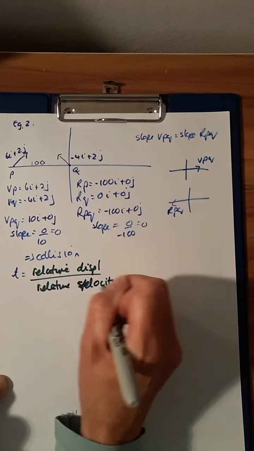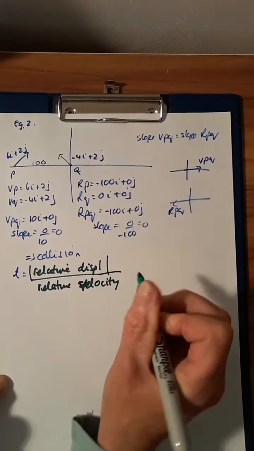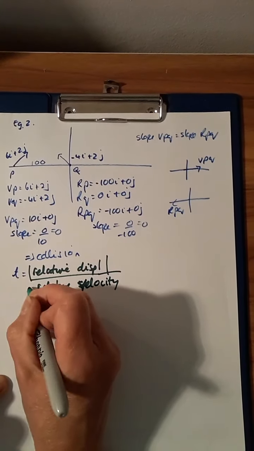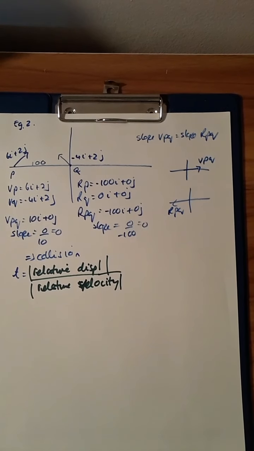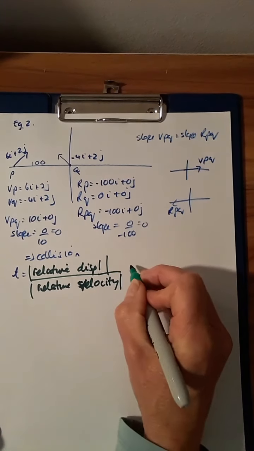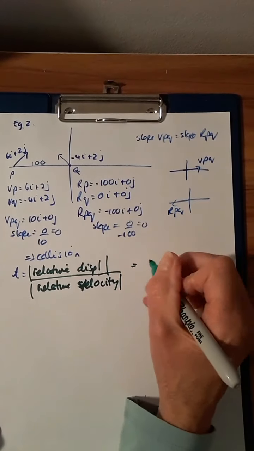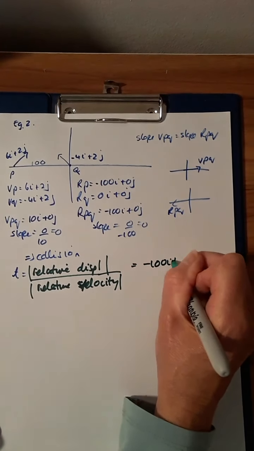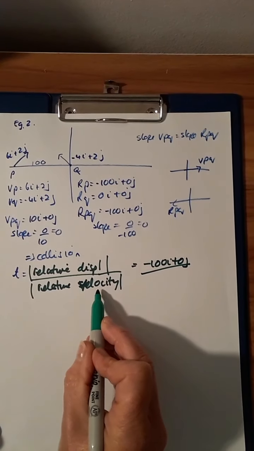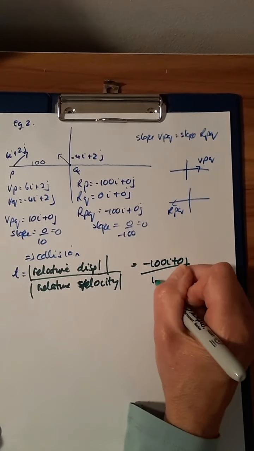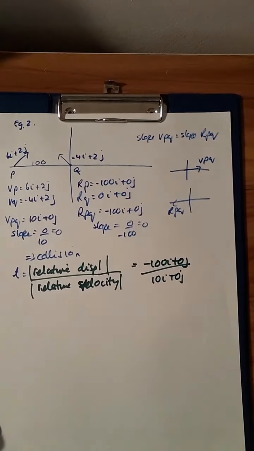When I get the modulus of relative displacement, I'm getting distance, and when I get the modulus of relative velocity, I'm getting speed. So the relative displacement is RPQ, minus 100i plus 0j, divided by the relative velocity, 10i plus 0j.